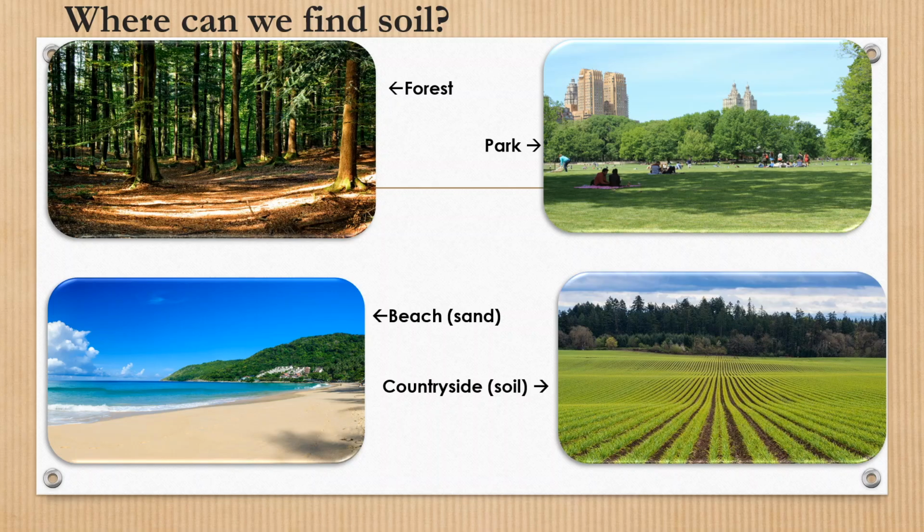Is the soil in the beach, the sand, the same as the soil in the countryside? Well, these have different properties and different nutrients. So not every plant can grow in the same soil. This is something very interesting. Let's continue.